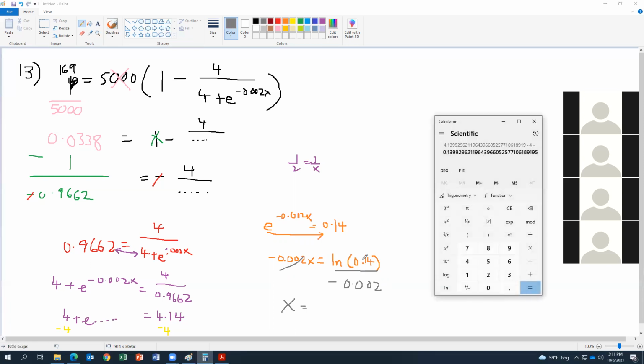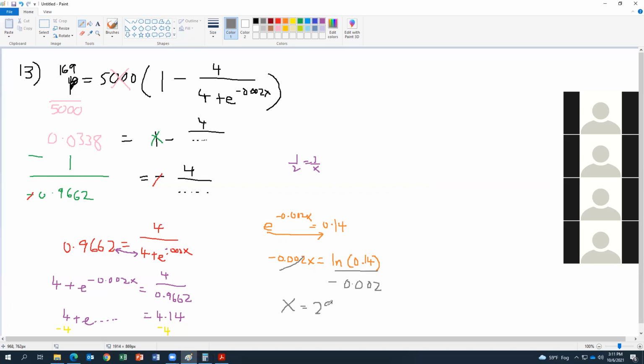So I do ln of 0.14, which is around negative 1.96, and then divide by negative 0.002. Make sure you keep your decimals. That will give us almost 3,000, 2,983.